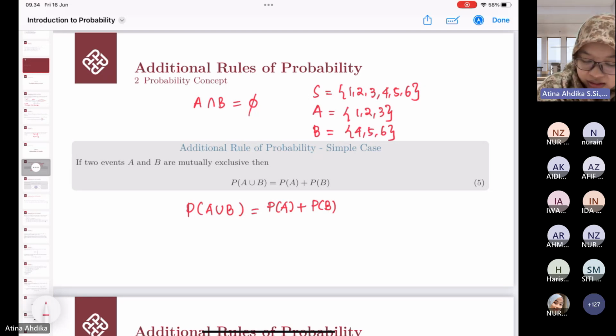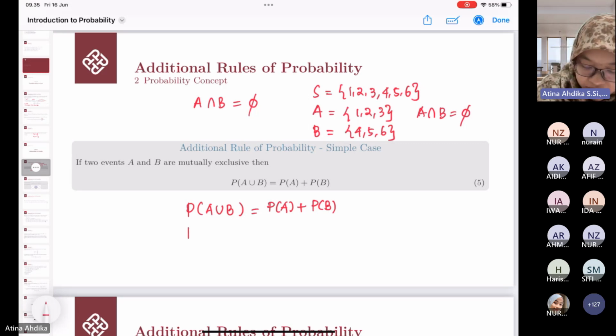For the probability of the union between A and B, we can see that there is no intersection between A and B. There are no similar outcomes in A and in B.